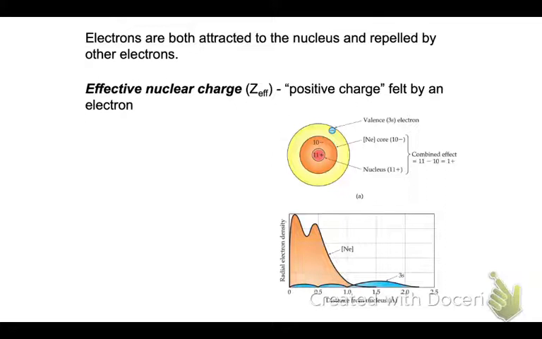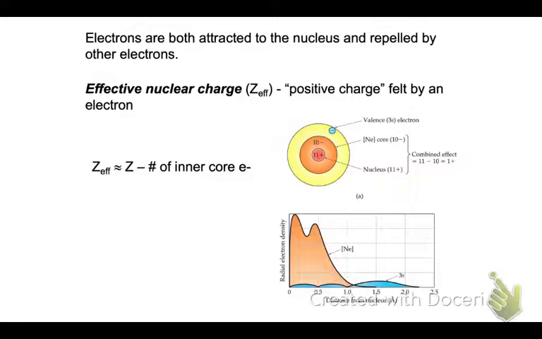So that valence electron, how much charge does it feel? Does it feel the +11? No, because the +11 is almost cancelled out by the -10 electrons. So this electron in the 3s orbital will end up feeling only +1. And that is what we call the effective nuclear charge.